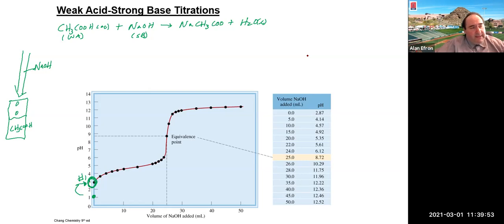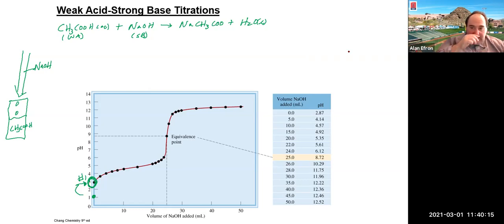Really, the purpose of that ICE table is that before the equivalence point, the strong base is going to be the limiting reagent, and it's going to get completely used up. So that ICE table tells you the concentration of your strong acid after you added some of that strong base to it.